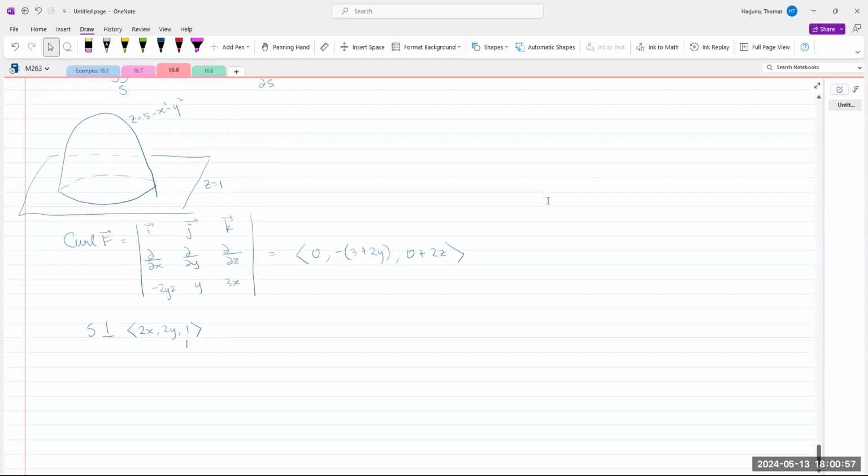So when we compute the curl of F dot dS, that will be 0 times 2x, plus the second component times 2y, and then plus 2z.